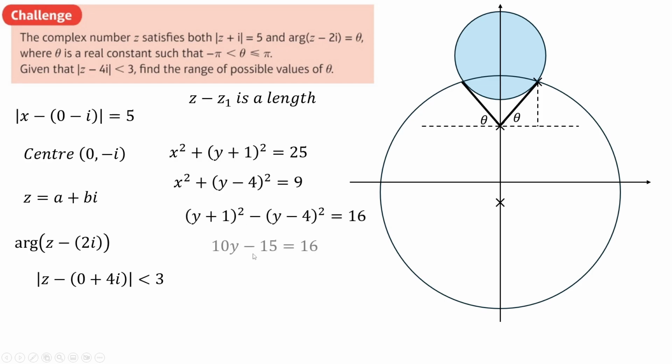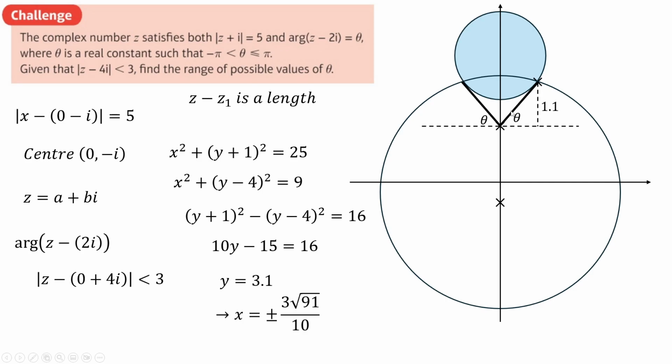Okay, and if you do that, you'll get 10y minus 15 equals 16. Obviously, y here will equal 3.1. Then x, if you plug it back in using a calculator, you'll get this. Now, I've put here 1.1, because this is already 2 up, remember, it's starting from 2, z minus 2i, and this here is 3.